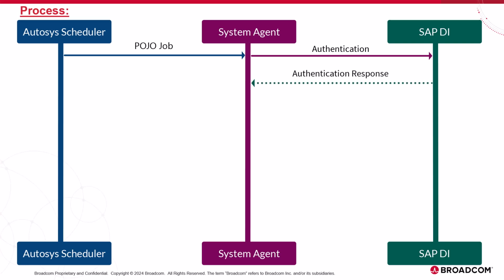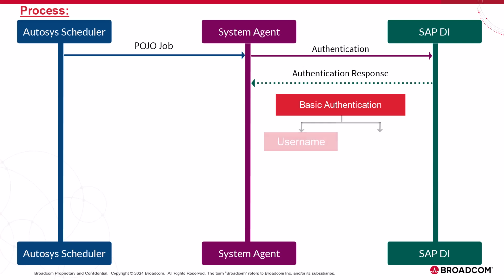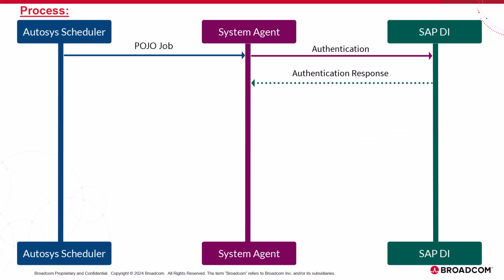Authentication is then initiated, with the system agent posting basic authentication depending on the specifications provided in the authentication J2EE properties. In this video, we are using basic authentication using a proxy, which uses a combination of a username and a password. AutoSys allows connections via proxy, providing additional flexibility and security in accessing SAP DI resources.